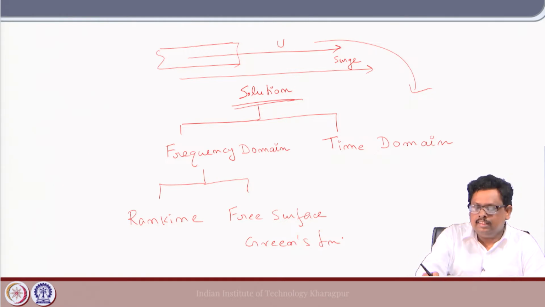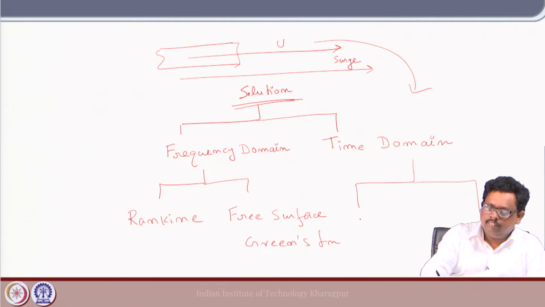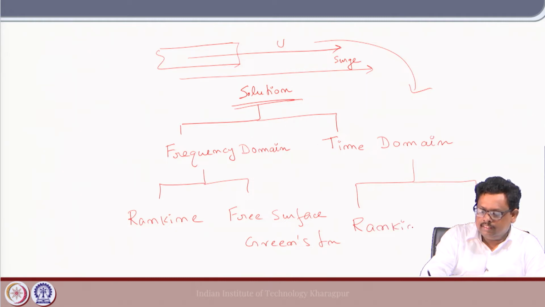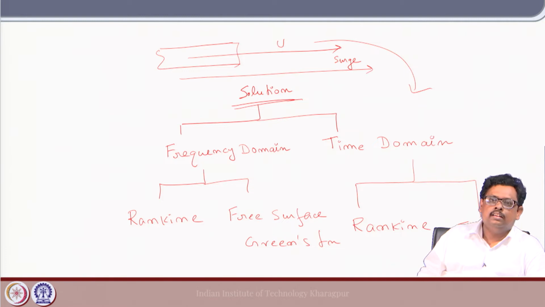Again in the time domain also you can have these two types, the Rankine, and of course the free surface Green's function. So you can see there are a lot of theories available.